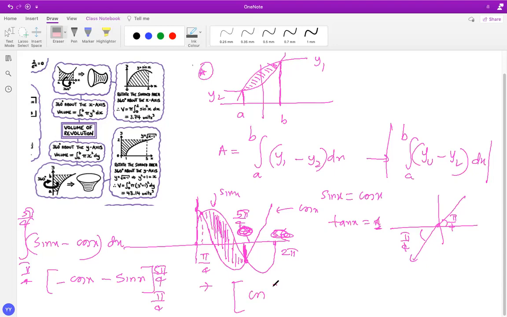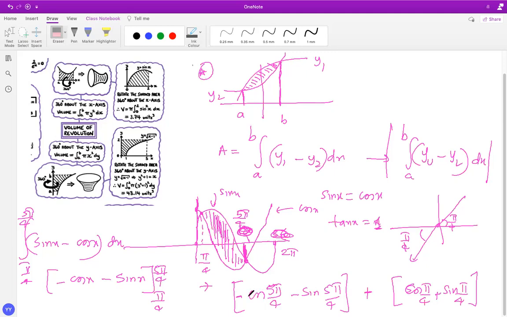This is going to be negative cos 5 pi by 4, negative sine 5 pi by 4, minus the same at pi by 4. If I take the entire minus common, the minus of minus becomes plus, so it is cos pi by 4 plus sine pi by 4. These you can find out.